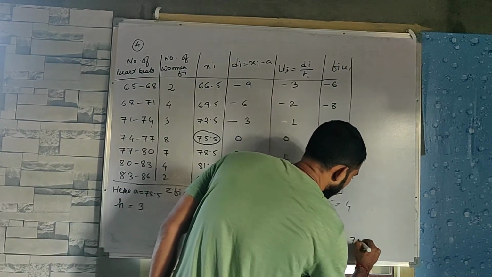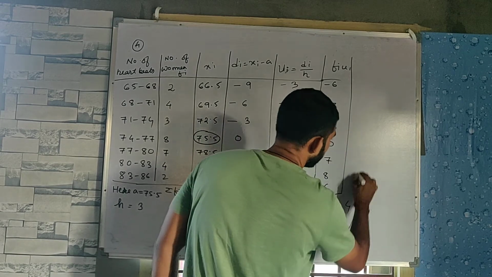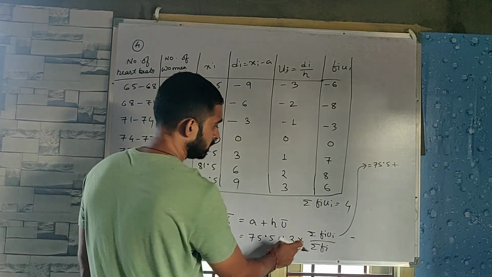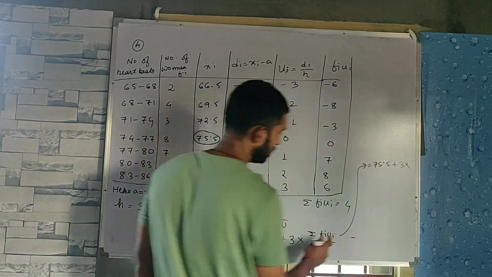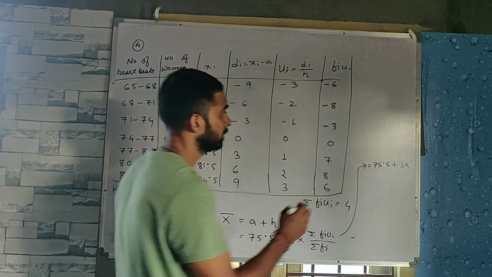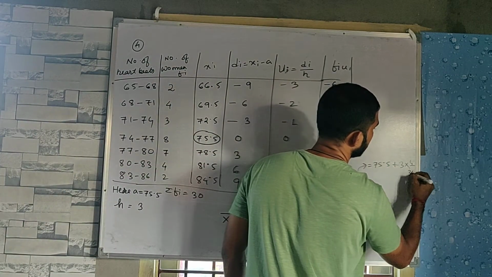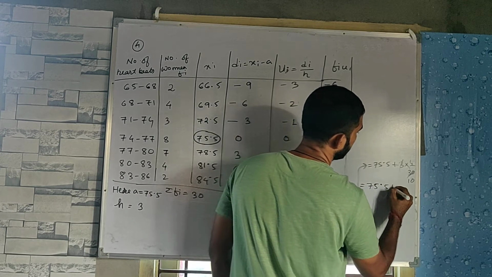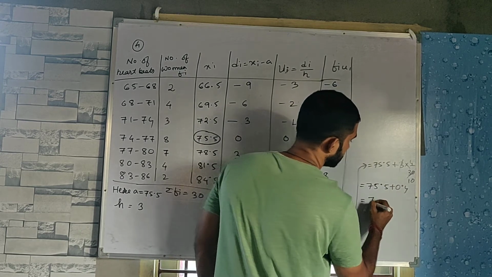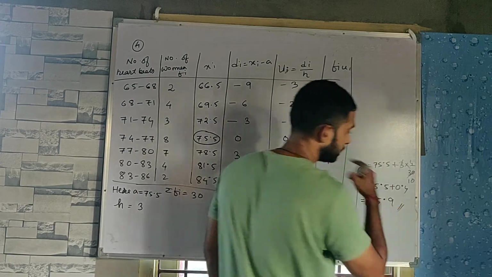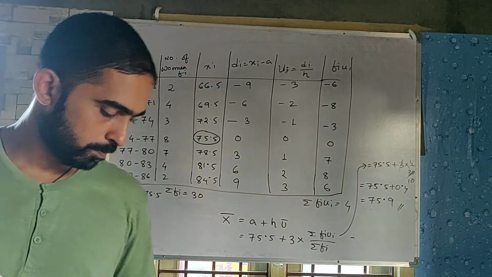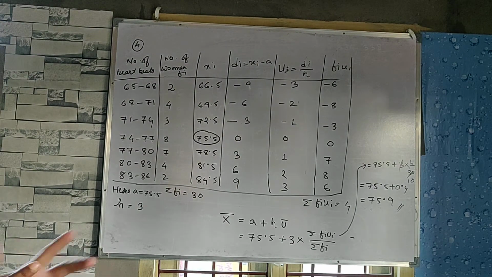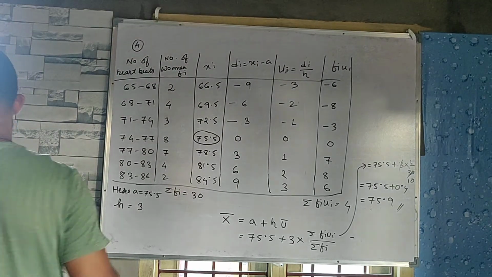So 75.5 plus 3 into 4 by 30. 4 by 30 times 3 gives 0.4. So 75.5 plus 0.4 equals 75.9. This is the mean of this question by the step deviation method.